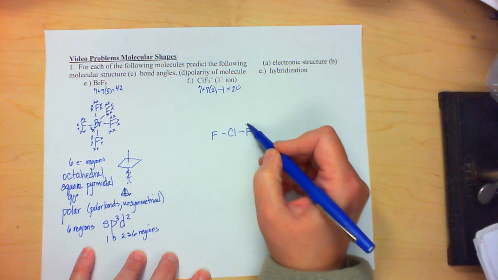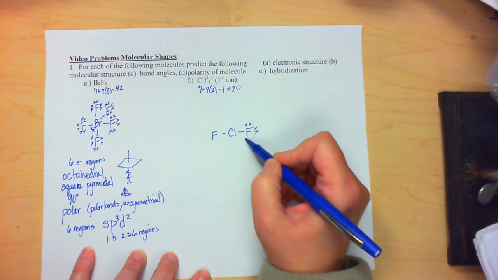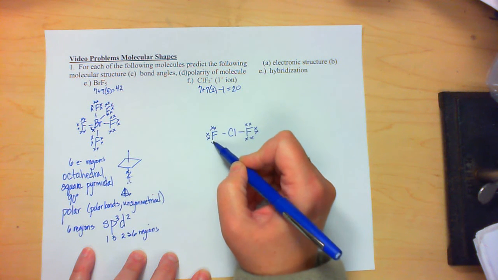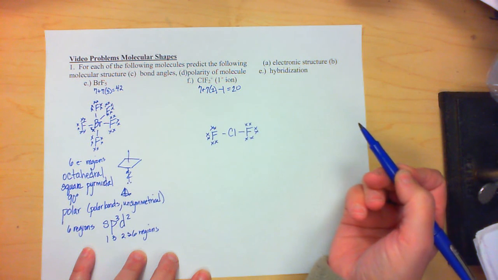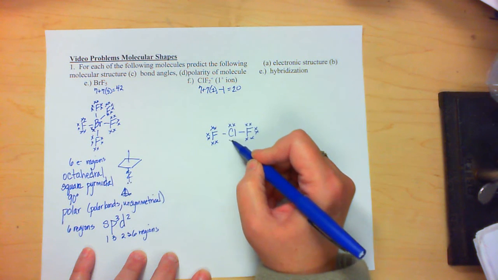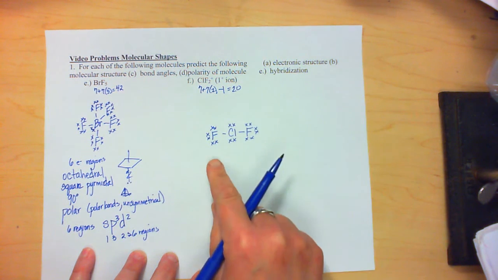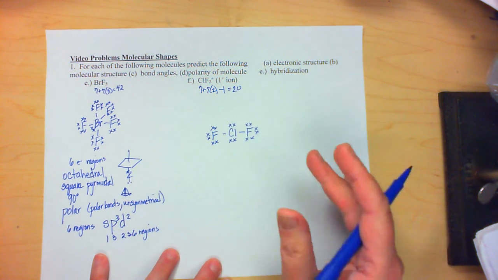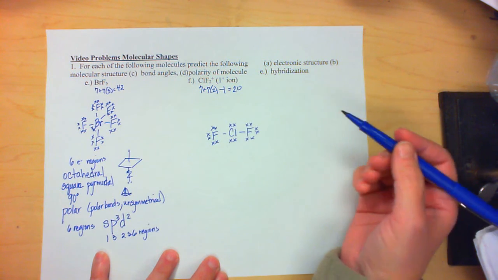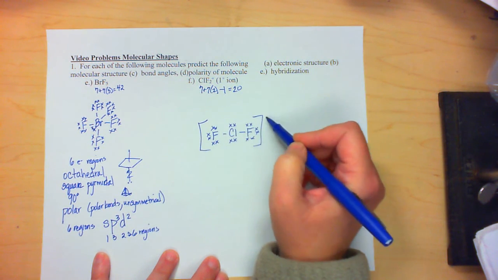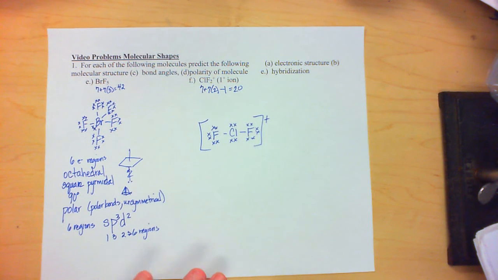So 2, 4, 6, 8, 10, 12, 14, 16 electrons with 4 more left over, so 18, 20. Fluorine's happy, chlorine's happy, and fluorine's happy, so we don't have to add any more or move any multiple bonds. However, because this is an ion, we have to bracket it and put the positive there.